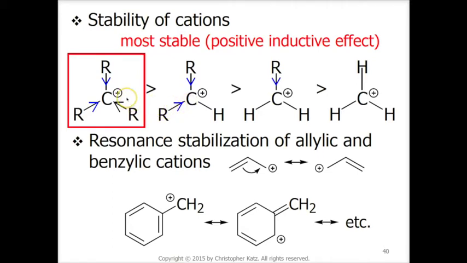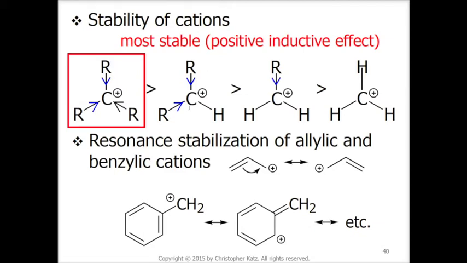Here, on your leftmost, you have three R groups able to stabilize this carbocation. Going to the right, you have two R groups that can stabilize it. Then as you go down, you have one, and then none as you go further. But three and two, your tertiary and your secondary, are your main ones that can stabilize your carbocation.